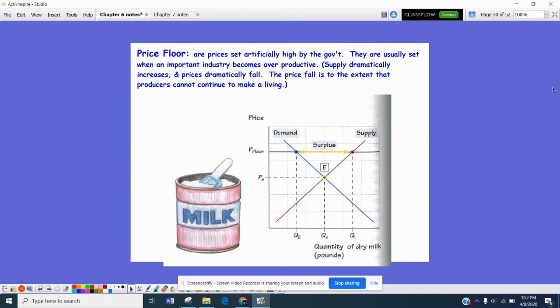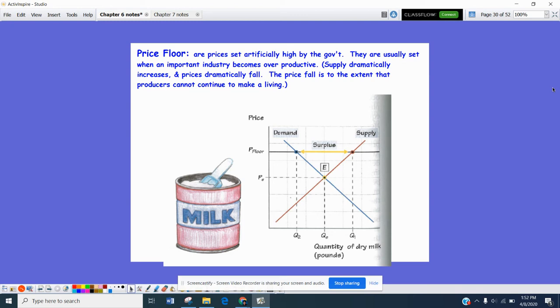Okay, a price floor. These are prices set artificially high by the government. And they're usually set when an important industry becomes overproductive. A lot of times this happens in agriculture. When we talk about the Great Depression, some of these price floors were set by some of our government programs of the New Deal, like the AAA, to make sure that farmers were still earning some money that certainly would allow them to stay on their farms and be able to care for their families and such.